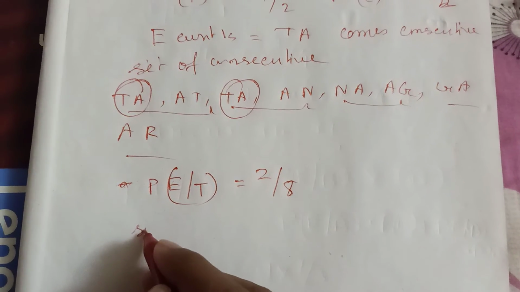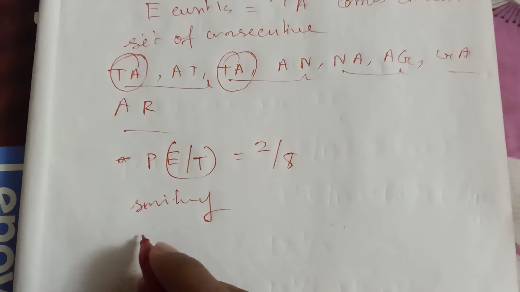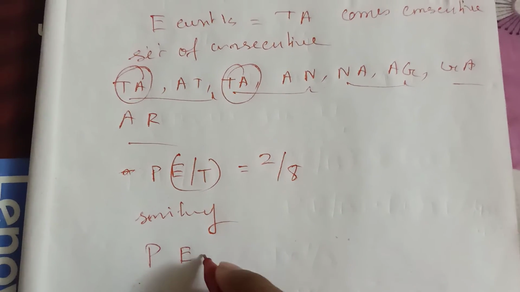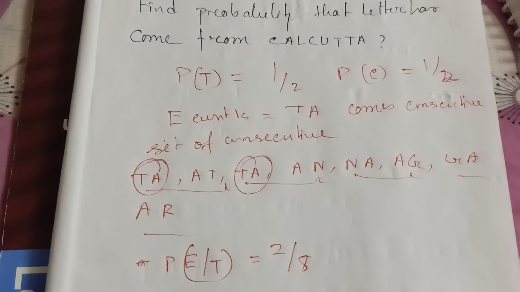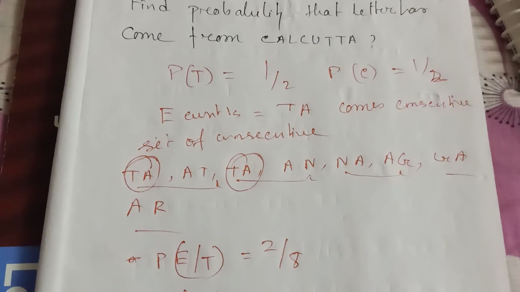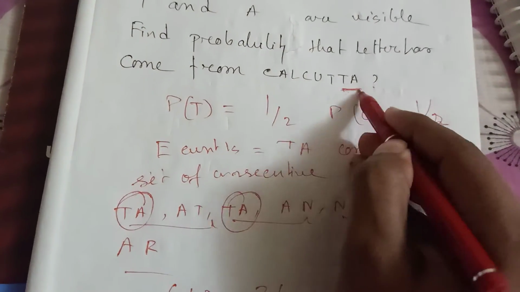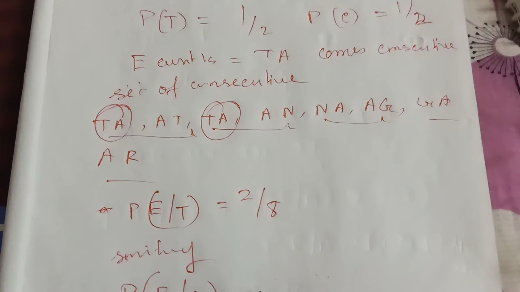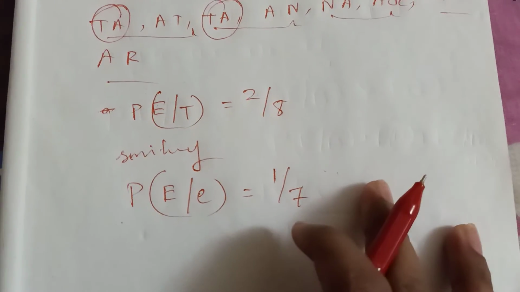Similarly, the probability of E given Calcutta is 1 by 7, since the consecutive pair occurs 1 time. You can calculate this.